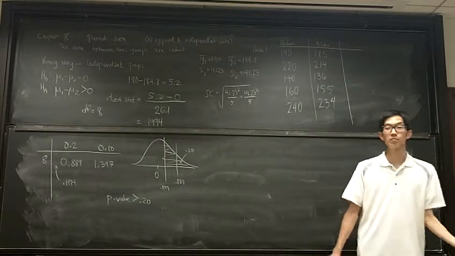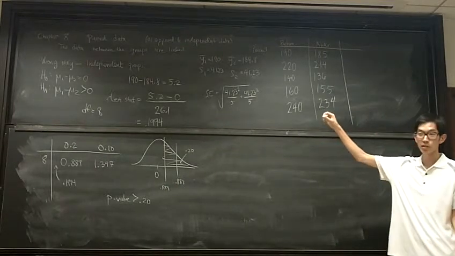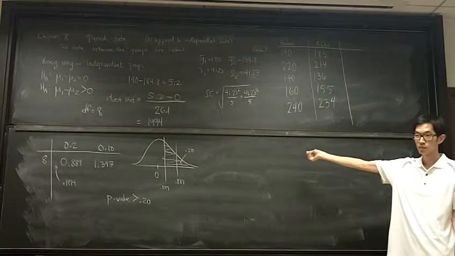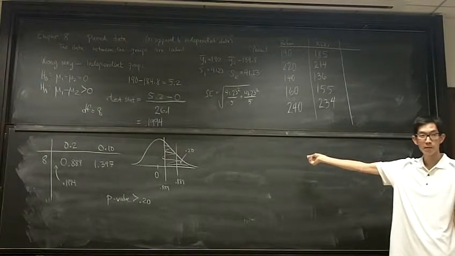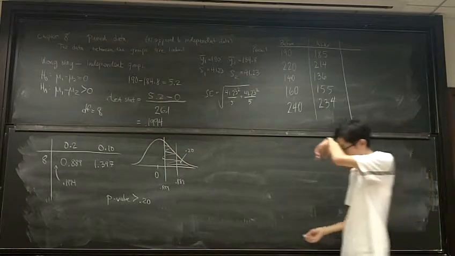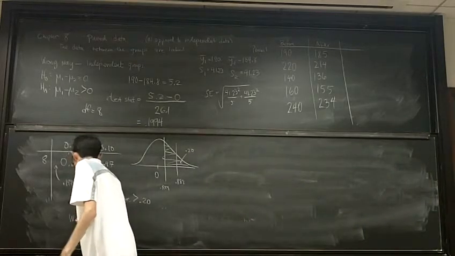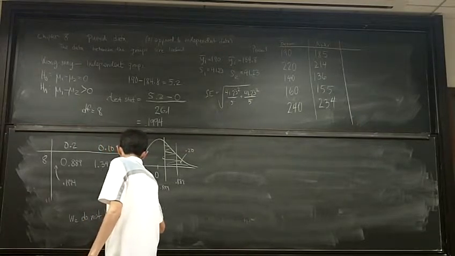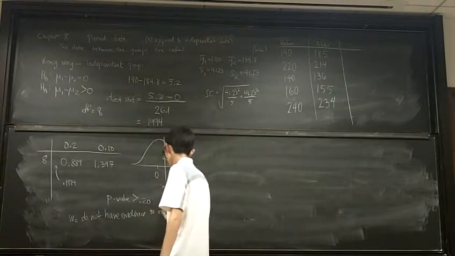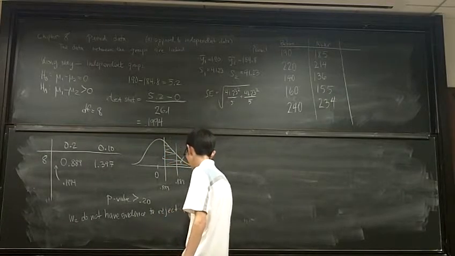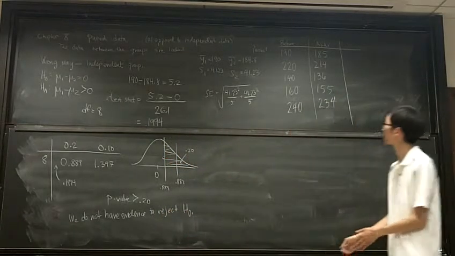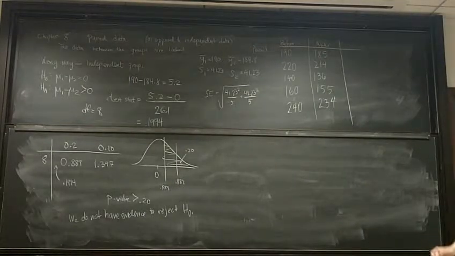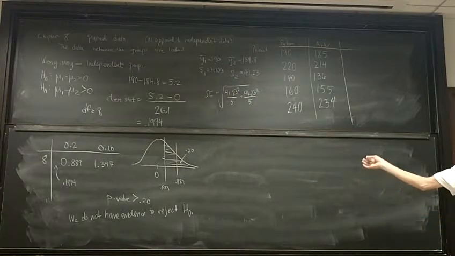So we would say we do not have evidence to reject the null hypothesis. Are we in agreement with that? So we don't have evidence that the weight loss pill works.